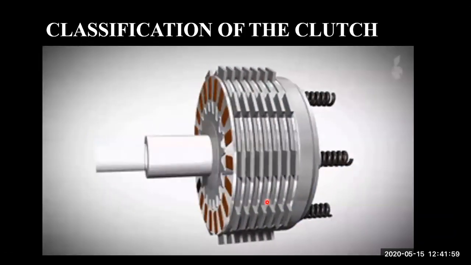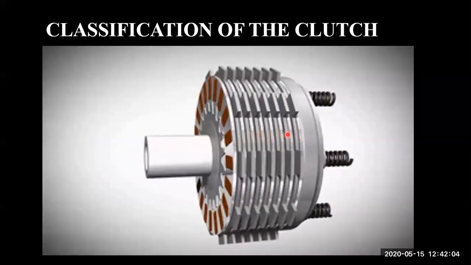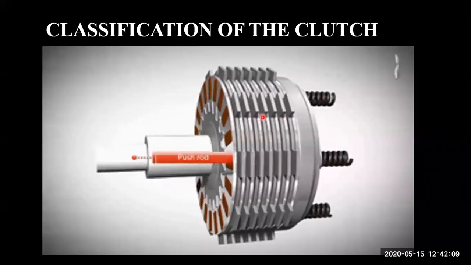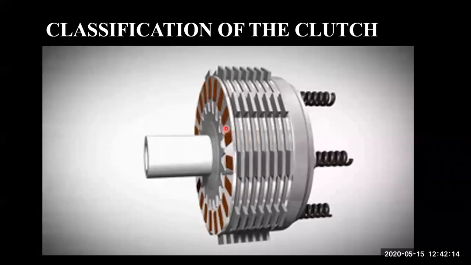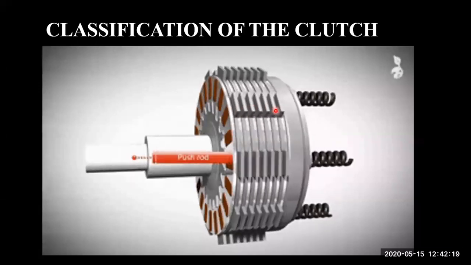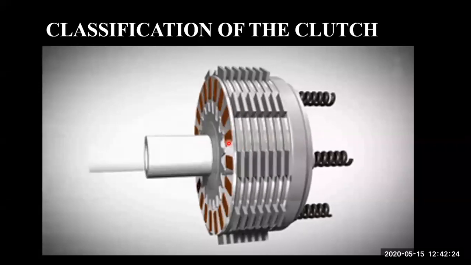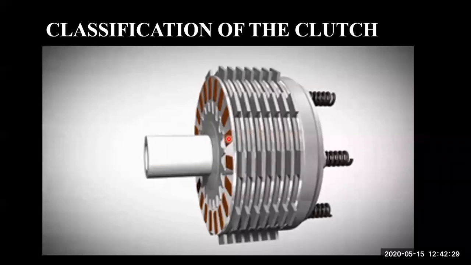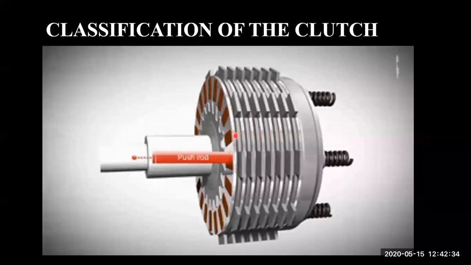Here you can see clearly: 1 to 8 plates, and 1 to 7. We have 8 friction plates and 7 hard plates. In all, the contacting surfaces double for each plate, so 1 plate gives 2 pairs of contacting surfaces. That's what we are talking about.